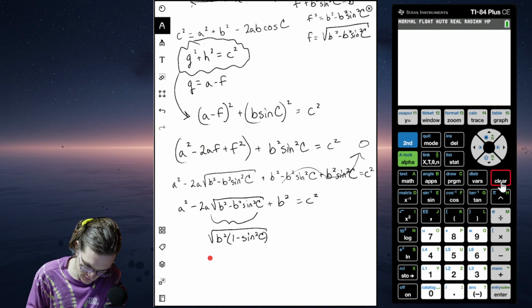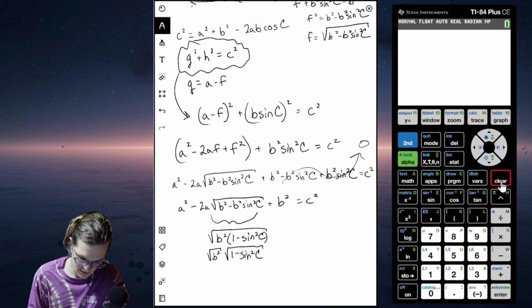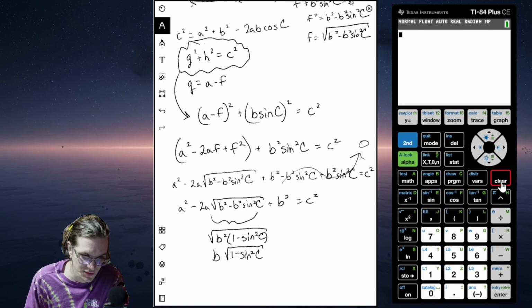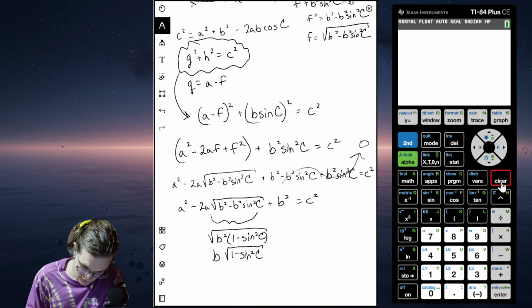What's also doable is to say, well, if you have two things multiplied by one another inside the square root, that's the same as having two square roots like this, right? Just being multiplied together. And then this b squared under the radical, well, the square root of b squared is just b. So I could take this whole piece, change it into b times the square root of 1 minus sine squared c.